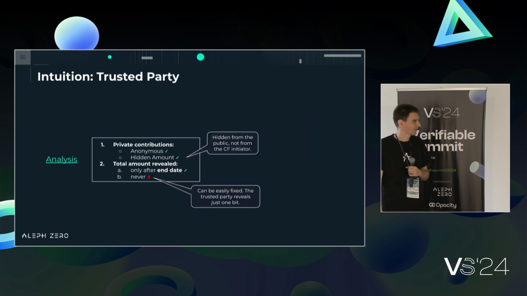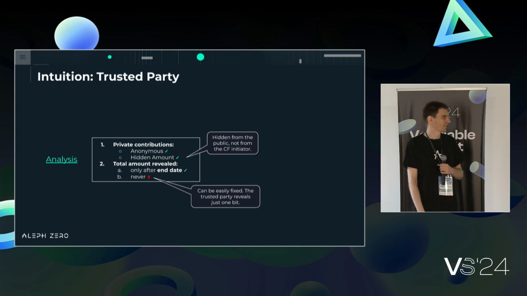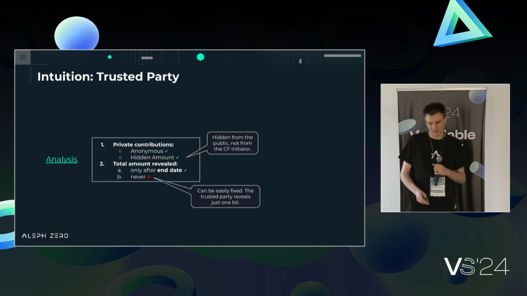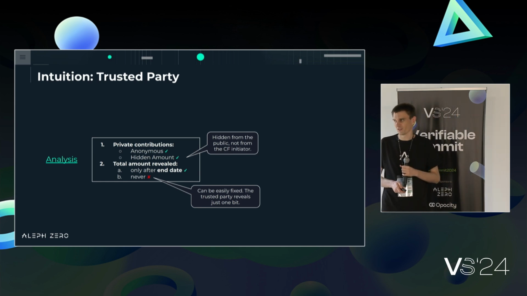So now, let's analyze this solution very quickly. Assuming that we can trust the initiator, then the solution here is not only anonymous, but the amounts are also hidden. So this is really great.